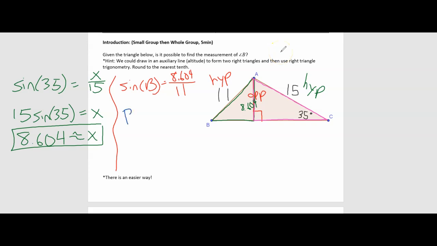That leaves me with B is equal to inverse sine of 8.604 over 11. If I punch that into a calculator and round to the nearest tenth, that gives me approximately 51.5 degrees.